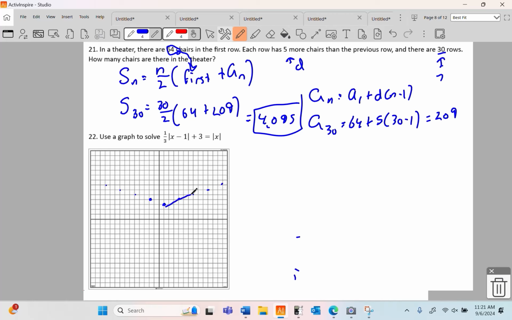That's probably enough points. Still not quite right. Hopefully it's good enough. And the other one's just straight up absolute value of x, which is rise 1, run 1, forever.